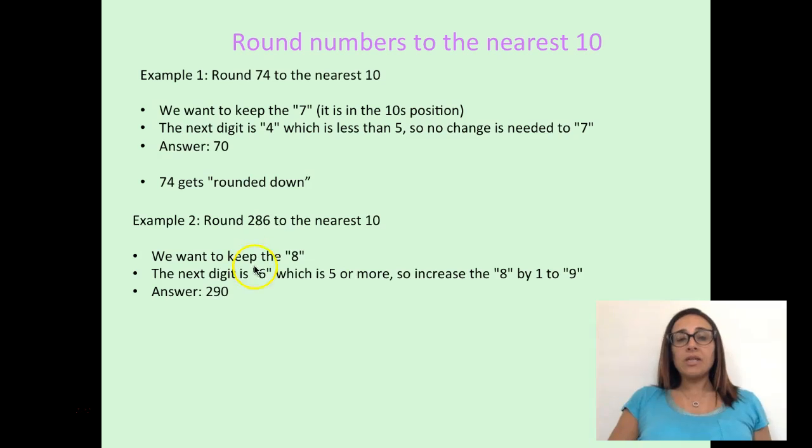So this number gets rounded to 290. Remembering the number after the digit you want to keep gets replaced with a 0. This number, 286, gets rounded up because 290 is bigger than the first number that we started with, which was 286.